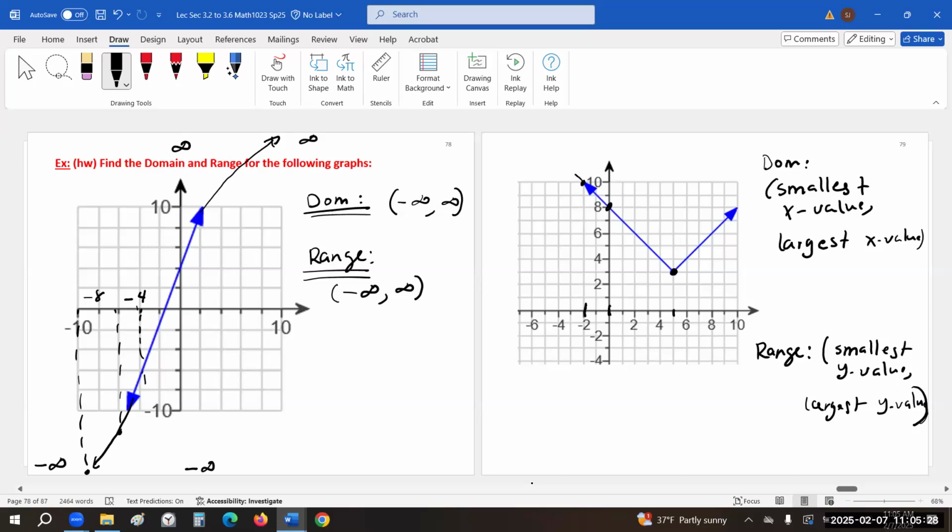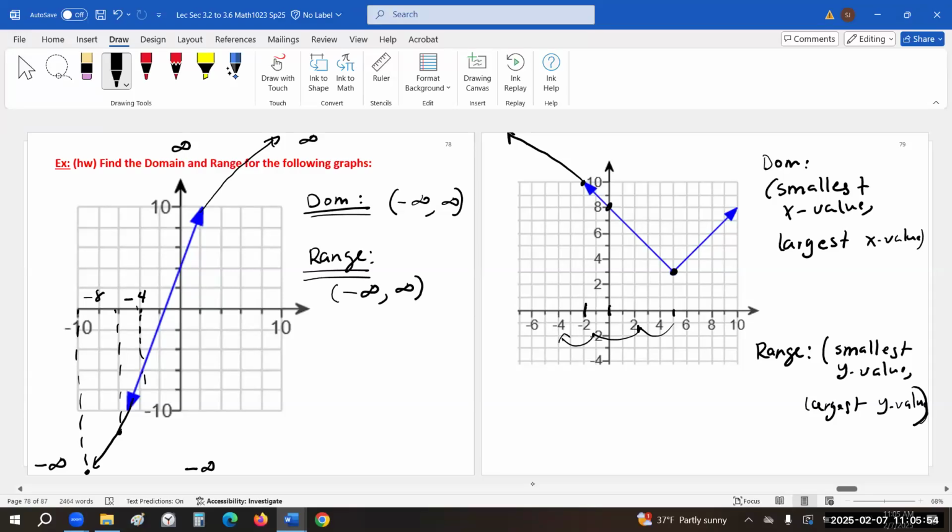And the line is going on forever. So what do you notice about the x value? What is happening to the x value? Are they getting bigger? Are they getting smaller on the left side? We have 4, and then we have 0, and then we have -2. So what is happening to the x values? Getting smaller.